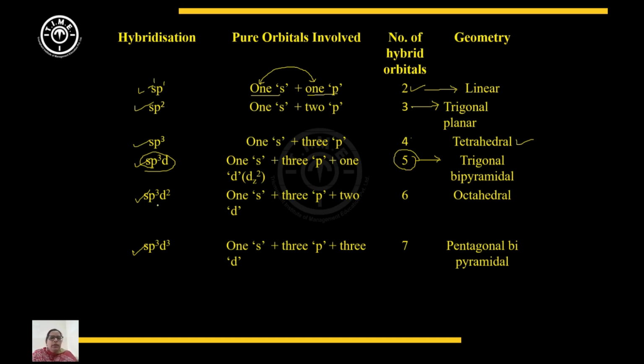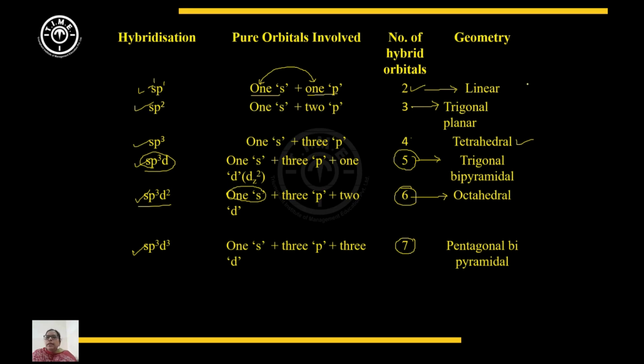In sp3d2, 1 s orbital intermixes with 3 p orbitals and 2 d orbitals, resulting in the formation of 6 identical orbitals, called the 6 hybrid orbitals, and this leads to the octahedral geometry. In the case of sp3d3, it is the intermixing of 1 s orbital with 3 p orbitals and 3 d orbitals, forming 7 hybrid orbitals, and the geometry of these 7 hybrid orbitals is pentagonal bipyramidal. So these are the different types of hybridization and the number of hybrid orbitals, based upon the number and type of orbitals involved in the process.